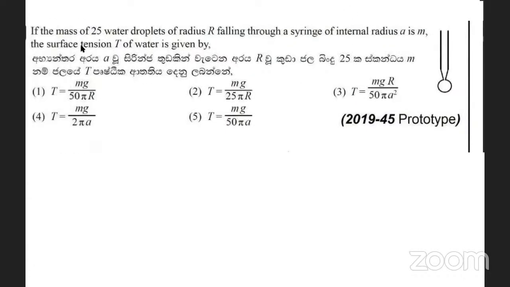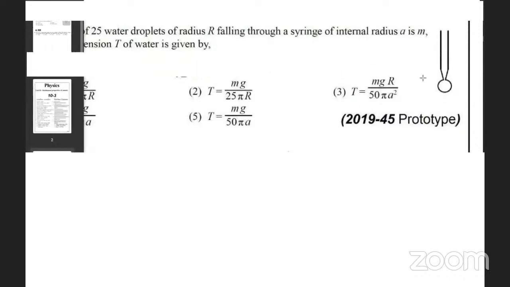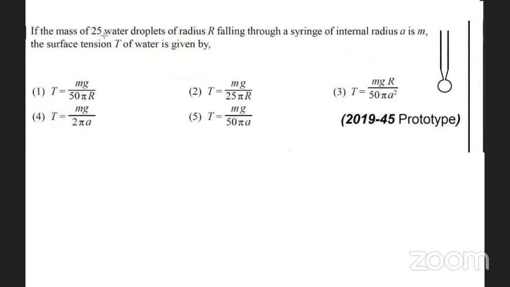This is a prototype paper from 2019. All right. Fine. What is this all about? If the mass of 25 water droplets of radius r falling through a syringe of internal radius a is m, the surface tension of water is given by. I think they have given this diagram as a reference. So using this diagram, we have to figure out something.